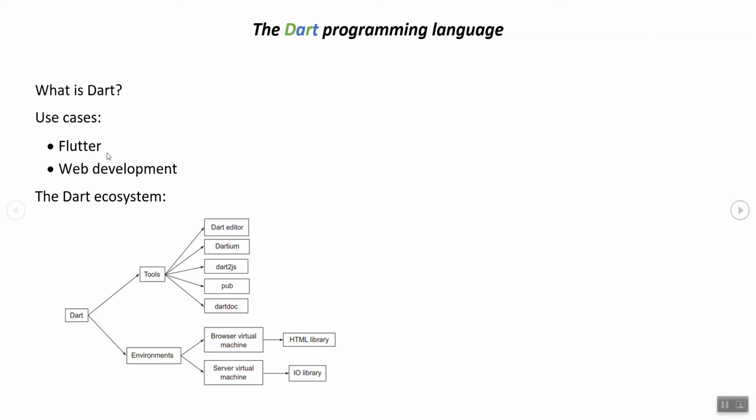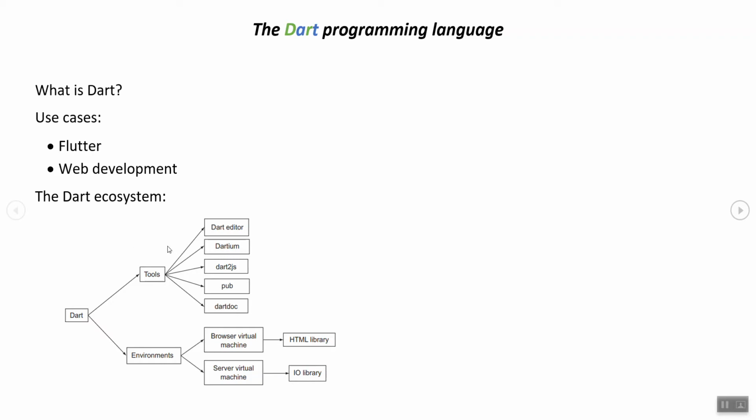Everything that JavaScript could do, Dart can do too, and Dart can be used for backend development in web and also for front end. So this is another use case, which is not that popular: using the Dart programming language for web development, backend and front end, both possible.